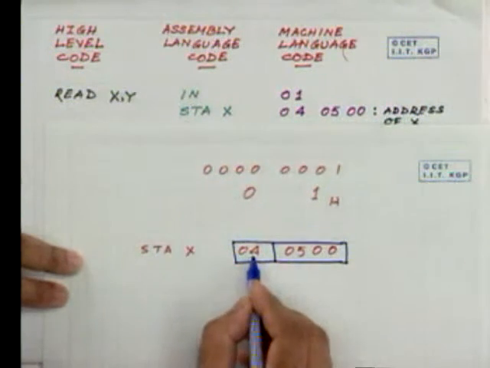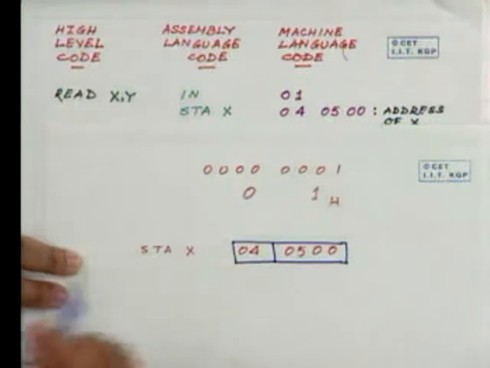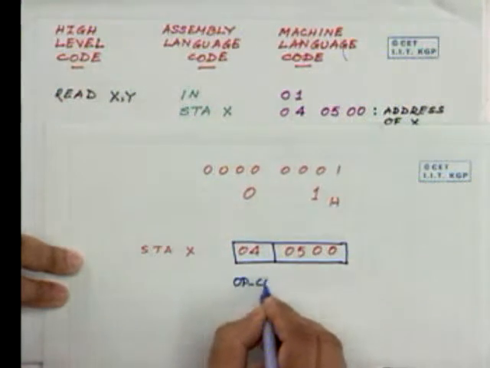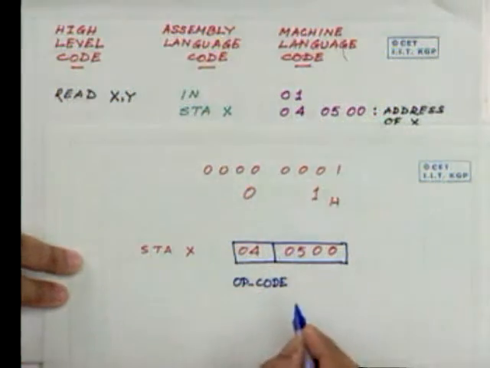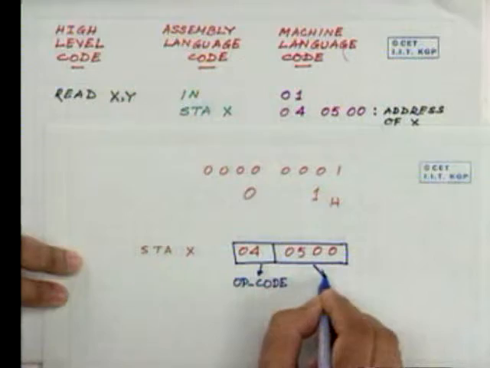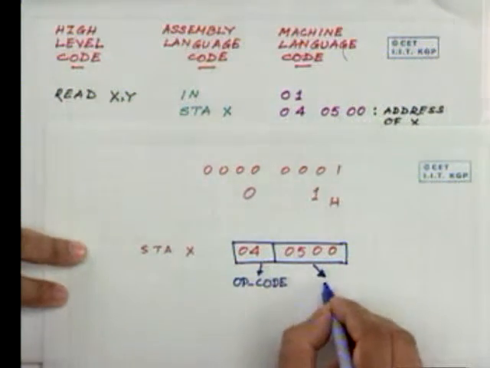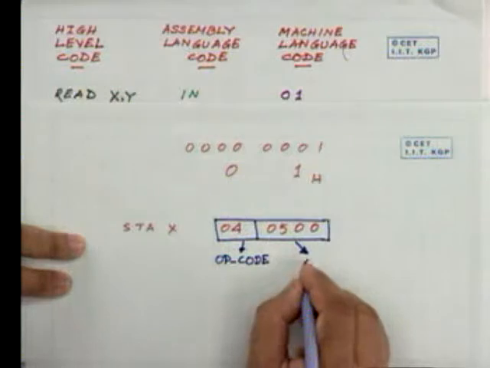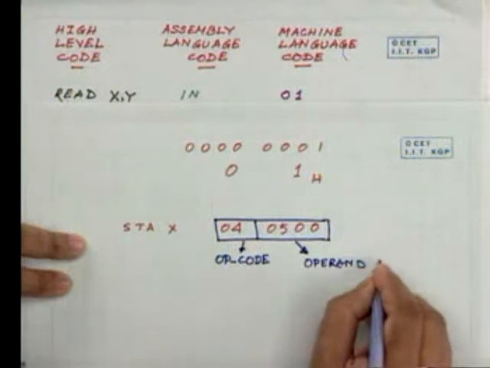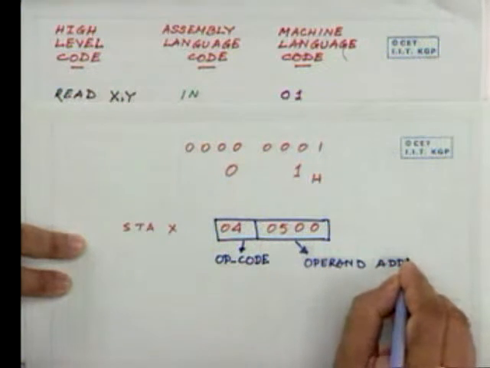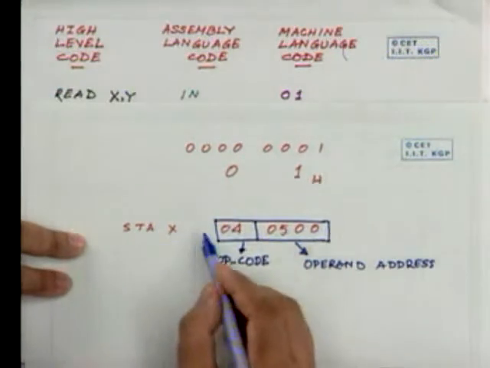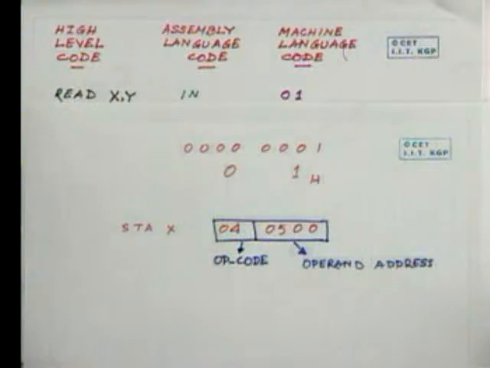One is the operation that has to be done, and we call it opcode. And another part is what the operation has to be done with, we call it operand address. Therefore, one part is the opcode and the other part is the address.